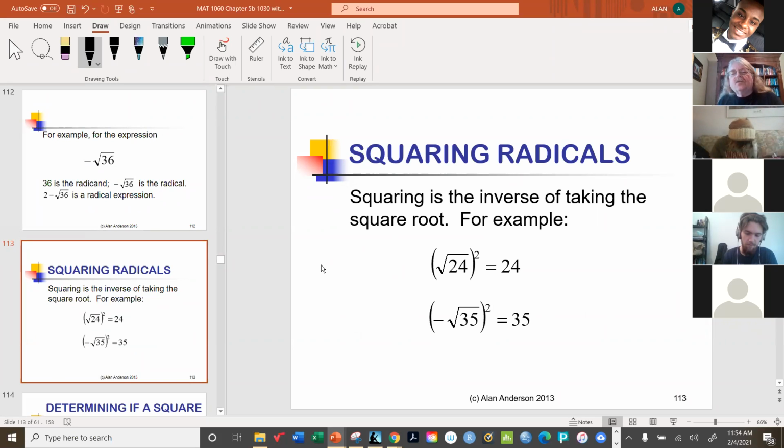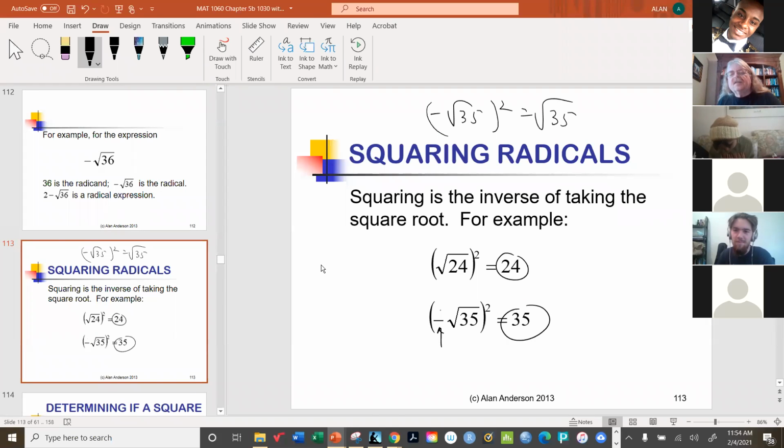If I take the square root of 24 and then square it, I'll get 24. In this second case, though, when I multiply a negative number by itself, it's going to end up being positive. Just remember that. When you square a negative number, you always end up with a positive number. So here I get 35, even in spite of the presence of this negative sign.